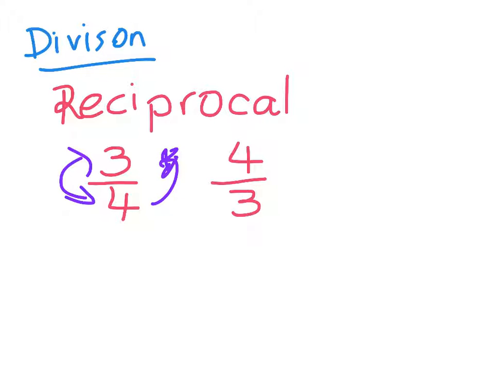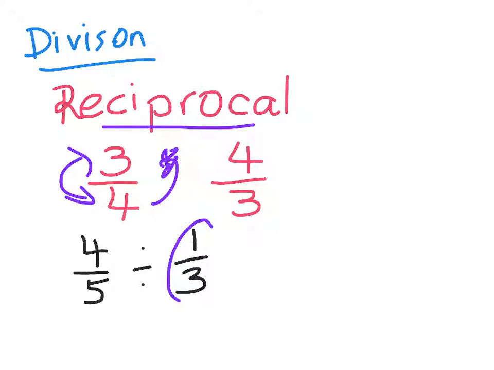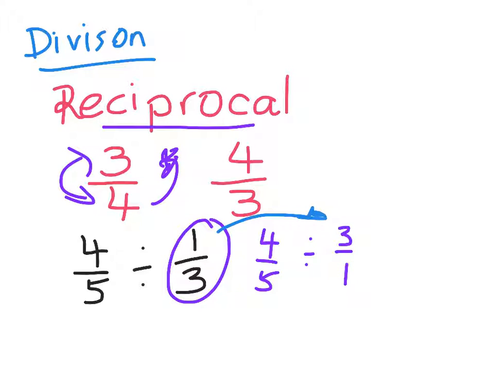Okay, so let's start. Let's say we had 4 over 5 divided by 1 over 3. We want to apply the concept of reciprocal fraction to the second fraction. So let me rewrite it as 4 over 5 divided by 3 over 1. So we've just swapped this one over.